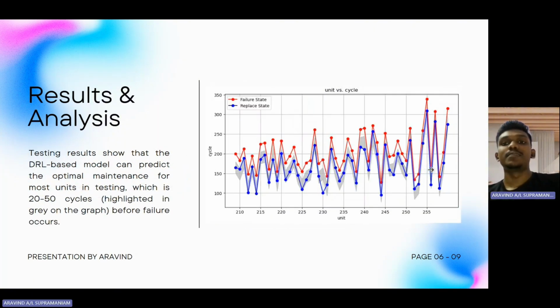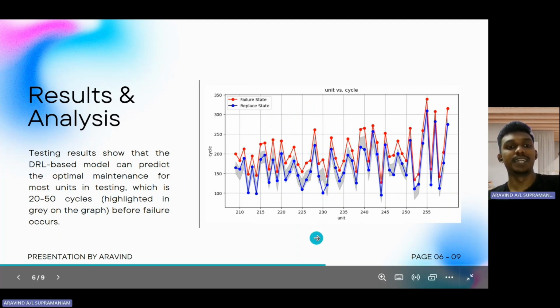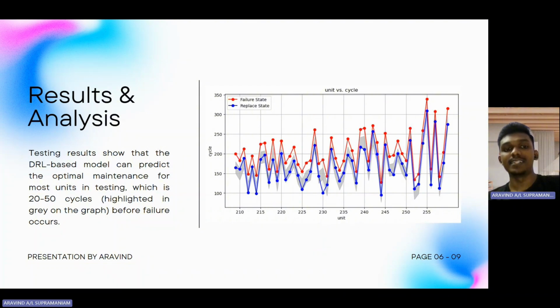So next, I presented the policy graph over here. So the testing results show that the deep reinforcement learning based model can predict optimal maintenance for most units in the testing phase, which is 20 to 50 cycles before failure occurs.